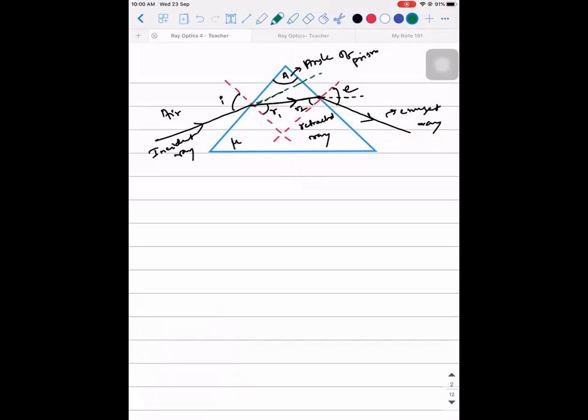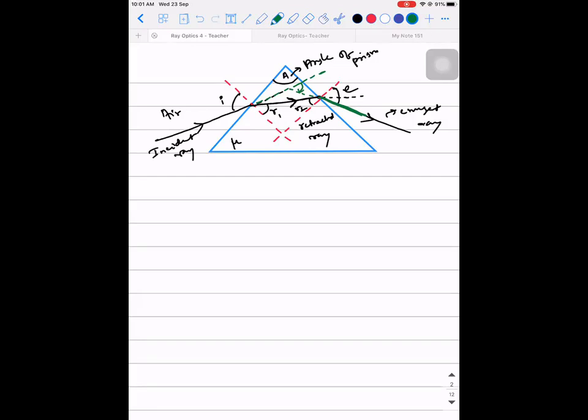In the direction of the green dotted lines. But what is the actual direction in which the ray is coming out? The ray is coming out in this way. So the ray which was supposed to go like this had started bending through a certain angle to come out finally as an emergent ray.